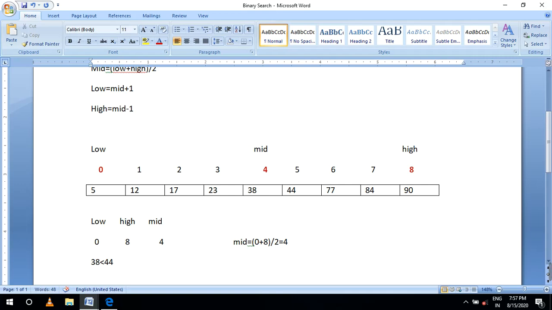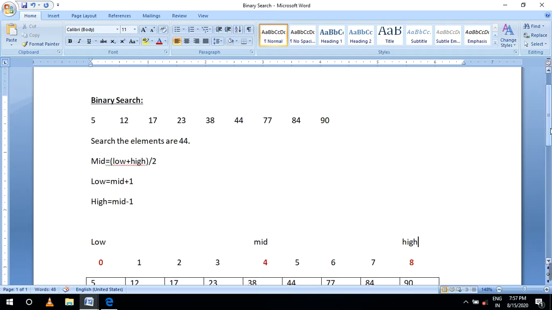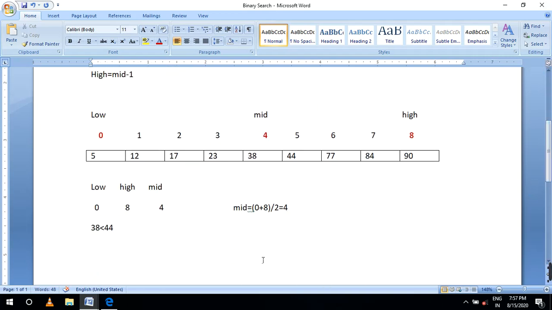I am searching for the element 44, and the mid value is 38 only. So 38 is compared with the searching element 44.